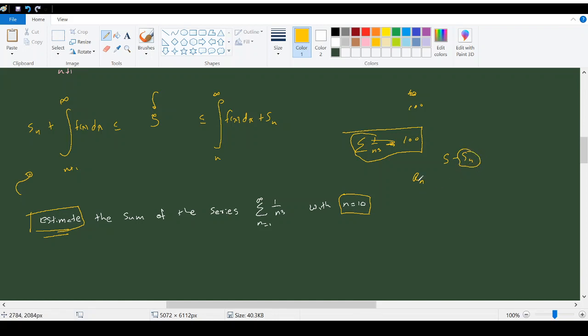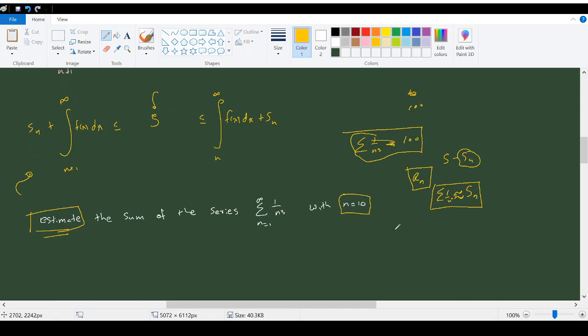And what we did was approximate the actual value of the series with the partial sum. If we write down the approximation like this, then the error was this one. Now let's see what will happen if we use this inequality.